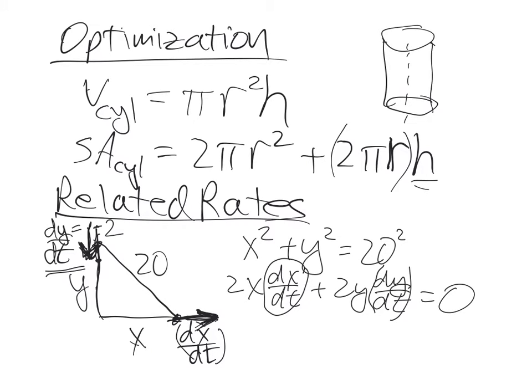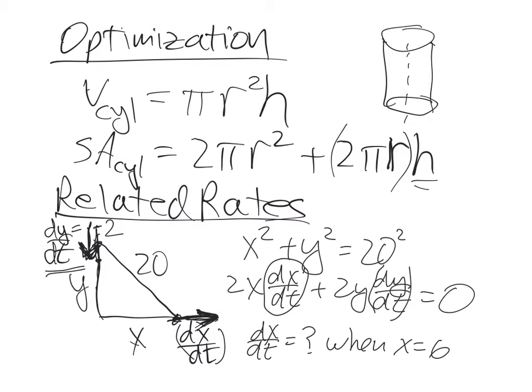The question would say, how fast is the ladder sliding along the ground when the base is 6 feet from the edge of the building? Well, that's saying essentially dx by dt equals what when x equals 6?